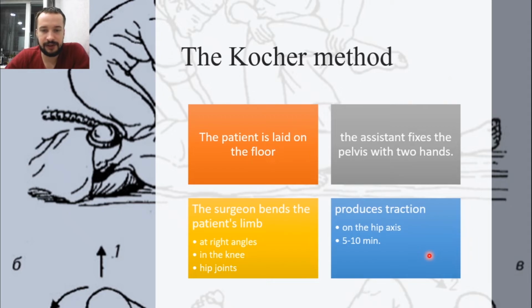The assistant fixes the pelvis with two hands. The surgeon flexes the patient's limb at a right angle in the knee and hip joints and produces a slowly increasing extension along the hip axis for 5-10 minutes. This manipulation can be facilitated by the technique described by Kefer.